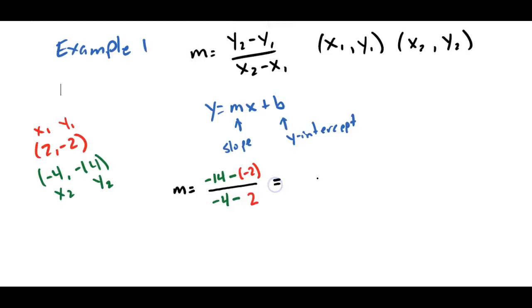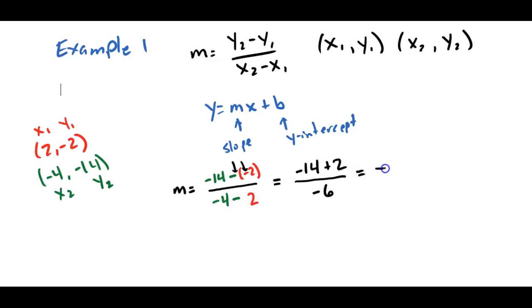So what we're going to do now is just some order of operations. Negative 14 minus negative 2 is really the same thing as negative 14 plus 2, because two negatives will make a positive. Then in the denominator, negative 4 minus 2 equals negative 6.